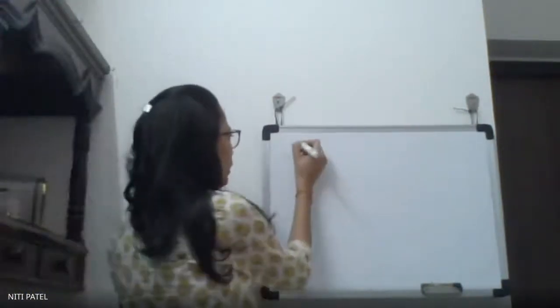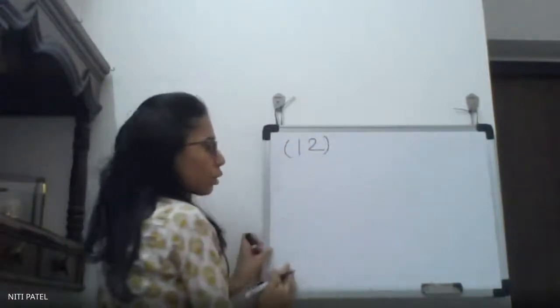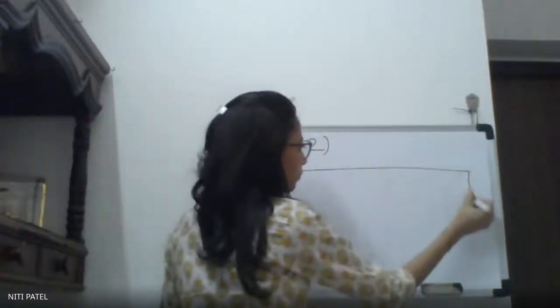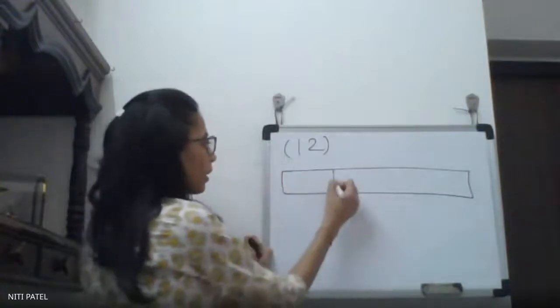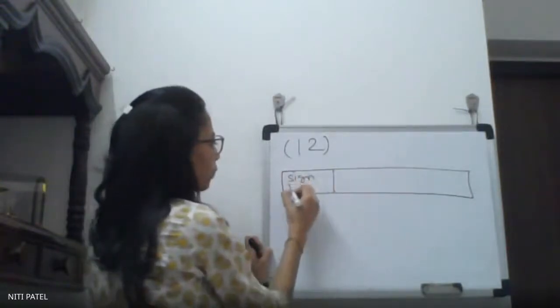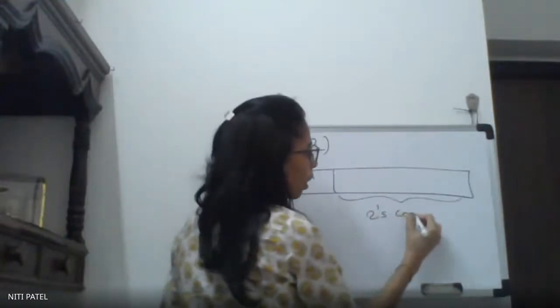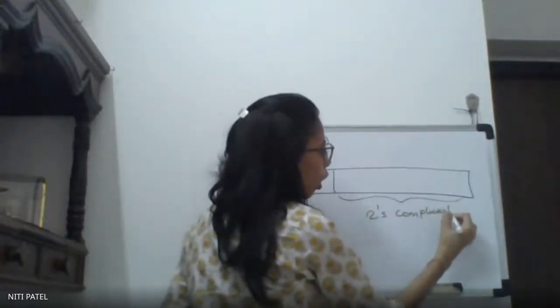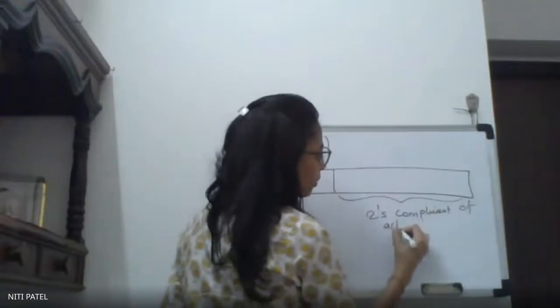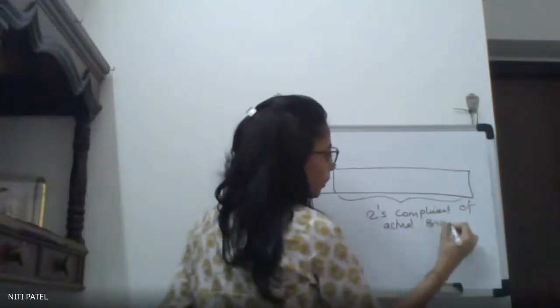So first I will do the 2's complement for 12. How will the format be? I will have the first bit reserved for my sign magnitude and the remaining bits will be the 2's complement of the actual binary.